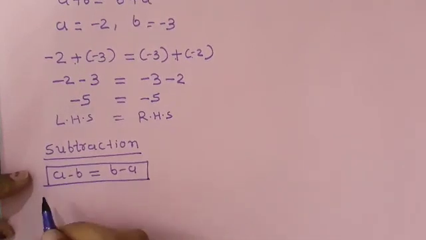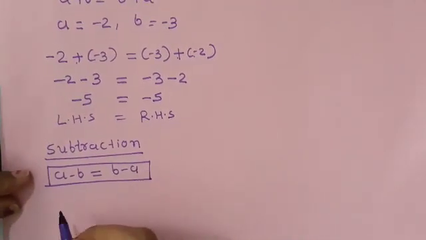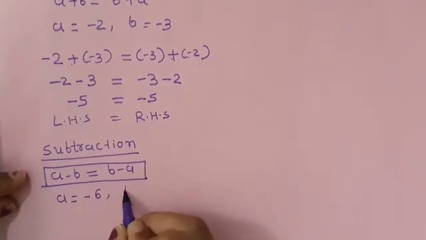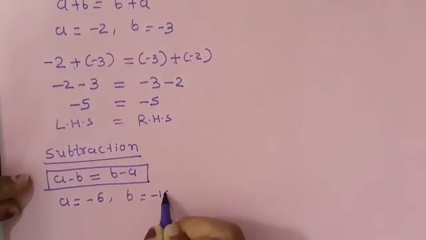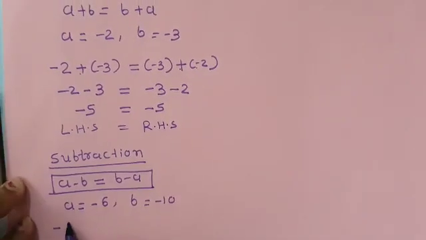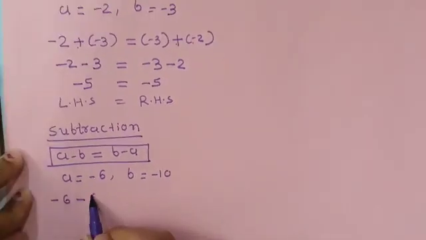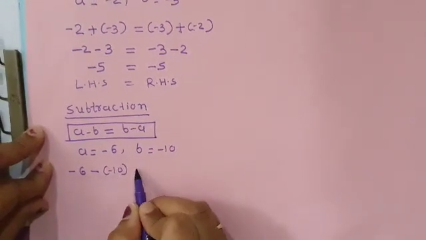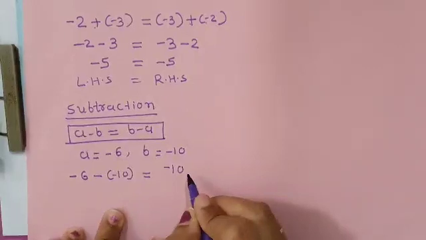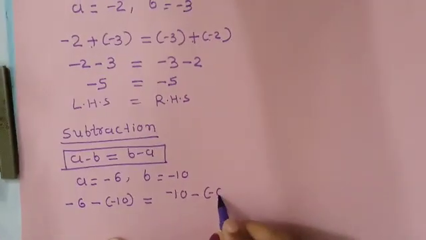Let us assign some values to A and B. If A is equal to -6 and B is equal to -10, then let's check this statement. -6 minus -10 is equal to -10 minus -6.